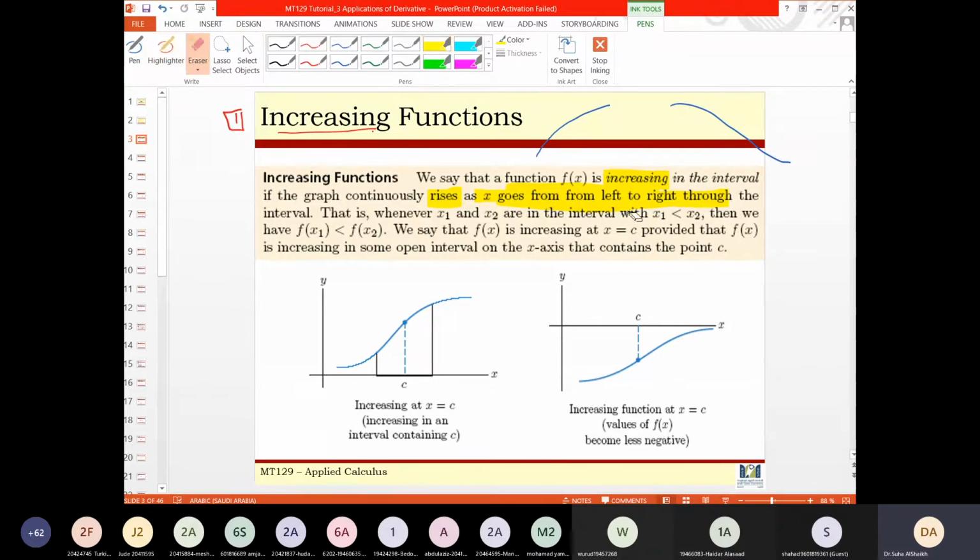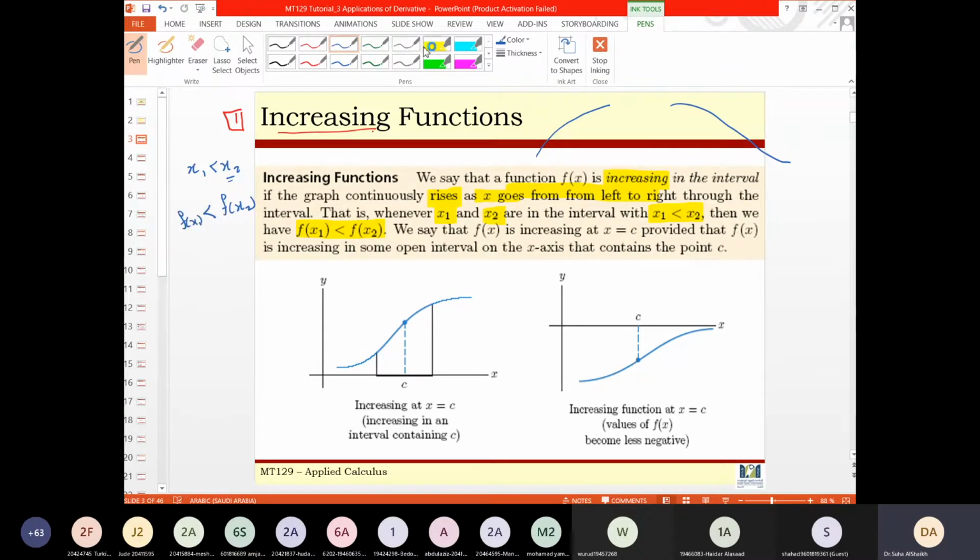In other words, if I have a point x1 and a point x2, and x1 is less than x2, then f of x1 is less than f of x2. So if x1 is less than x2, meaning x2 is greater than x1, then f of x2 must be greater than f of x1.